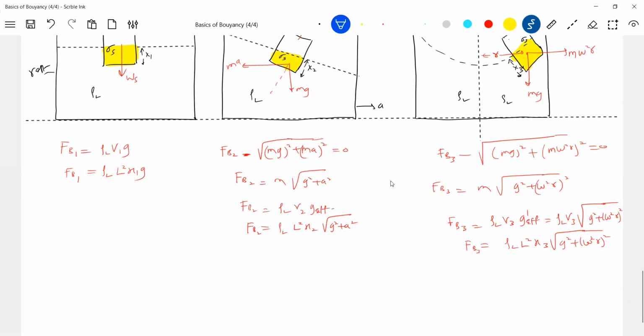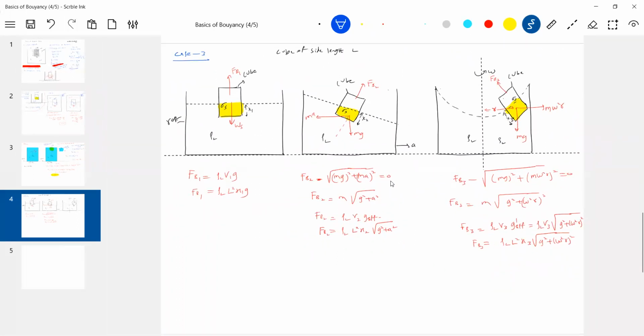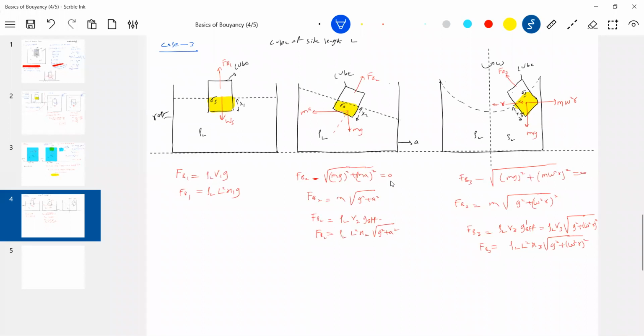This is very important. We do many problems where the container is accelerating, so don't get scared. You need not bother much. You have this idea in front of you.